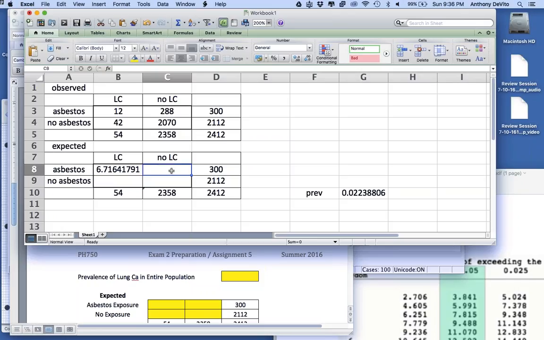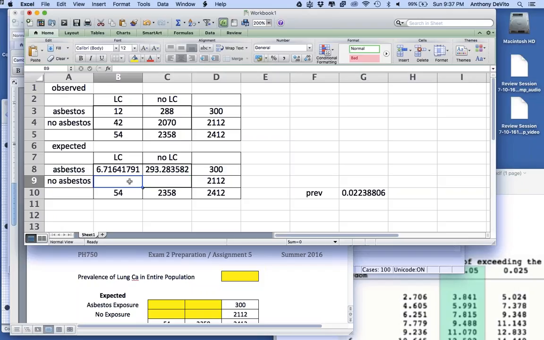Well, what number is going to go in there? It's just going to be the difference between 300 and the number of people that got lung cancer, because the ones that didn't get lung cancer fill out the remainder of the 300. Well, how about the people that weren't exposed to asbestos? We expect them to get lung cancer at the same rate.